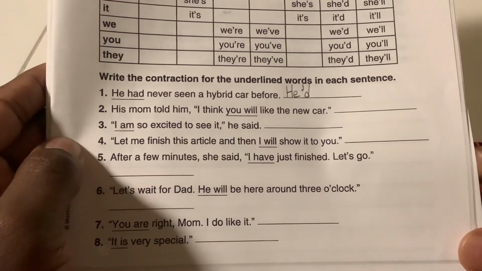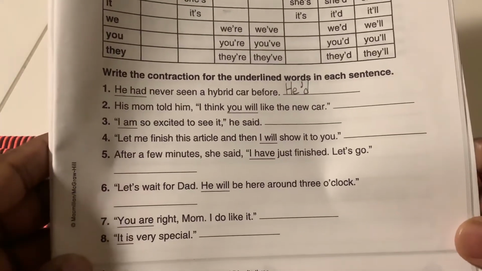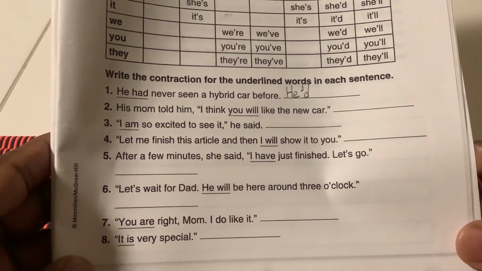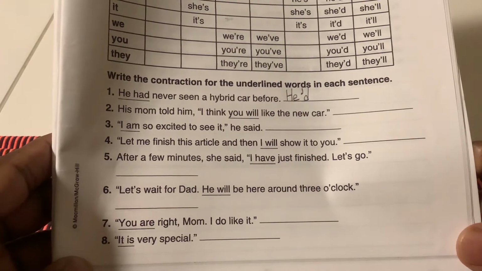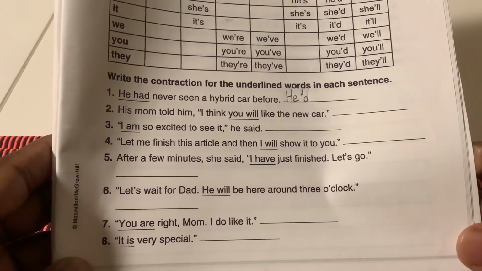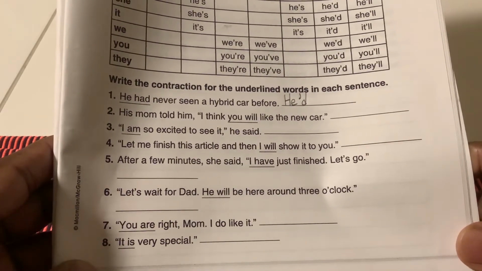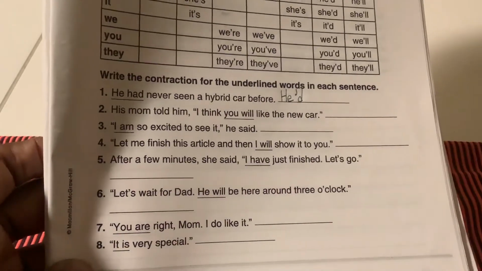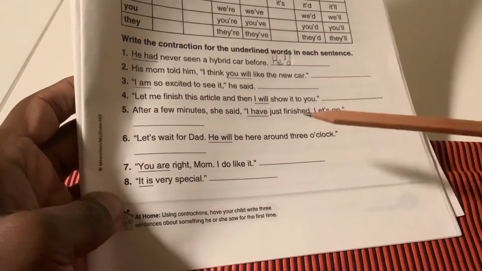Let's go. Number 6. Let's wait for Dad. He will be here around 3 o'clock. 7. You are right, Mom. I do like it. And number 8. It is very special. Please write the contractions for numbers 2 through 8.